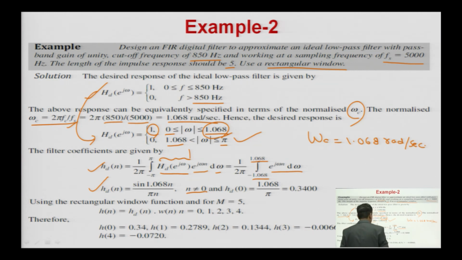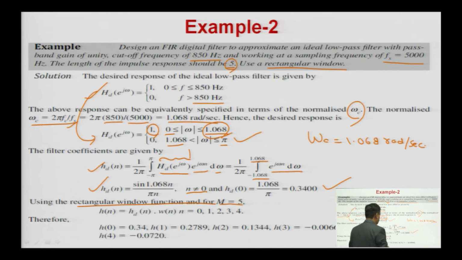For n equal to 0, you have to apply L'Hospital rule like in the previous example, then you will get h d 0, and it will be 0.3400. Now, the rectangular window function is given to you, and m is equal to 5, because your impulse response length is 5.